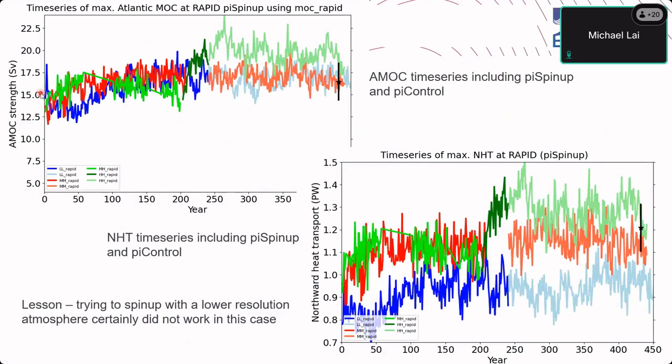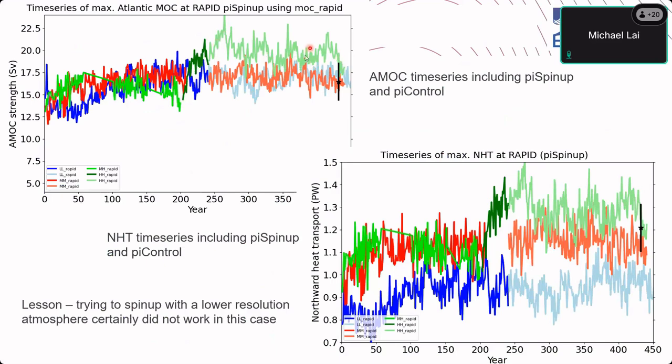And you can see here how the light green was with the medium resolution atmosphere, and then switching to the high resolution atmosphere, the AMOC went from maybe 15 sverdrups to maybe 20 sverdrups in doing that switch. So that's where I think that you could definitely interpret that as being not the right thing to do, because effectively you're changing the mean state of the atmosphere, which is going to evolve globally through the rest of the ocean and the rest of the climate for many years of the PI control.